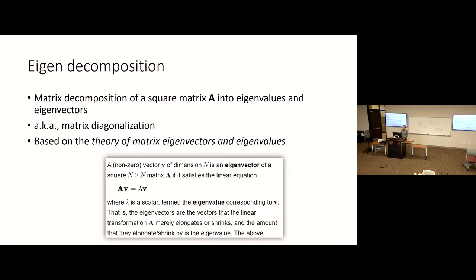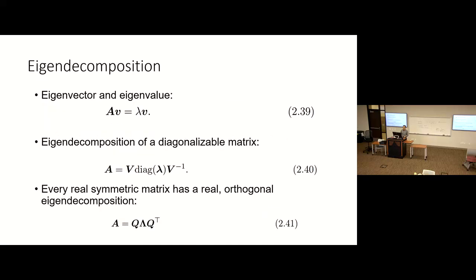Now we have this equation, and we will rearrange it by moving the eigenvectors from this end to this side. This is only one vector.